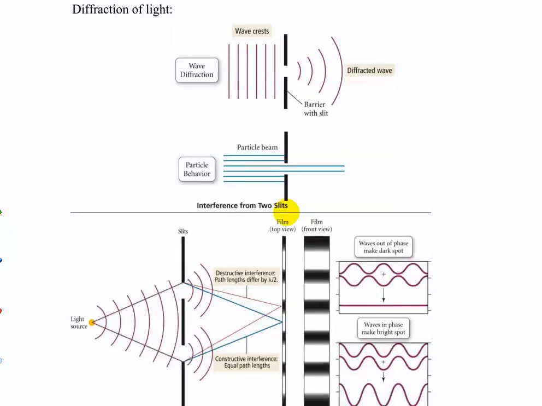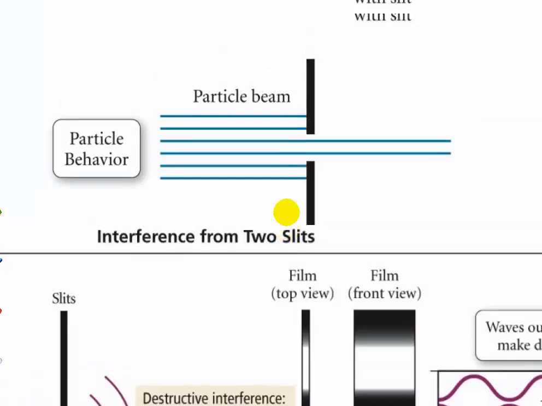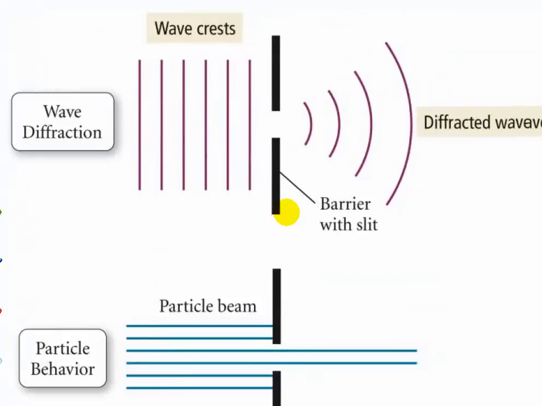I'm going to try to zoom this in a little bit so you can see it. I don't know if you guys have seen this in physics, but when waves or particles encounter a very small hole or a slit, they behave in two very different ways. Let's look at the particle one first, because that's what we know. If you shoot a bunch of bullets at a thing with a little hole in it, some of them are going to go through and some are going to get stopped.